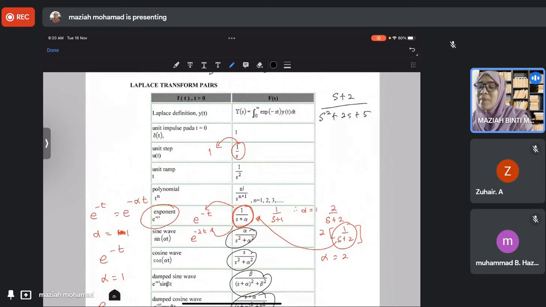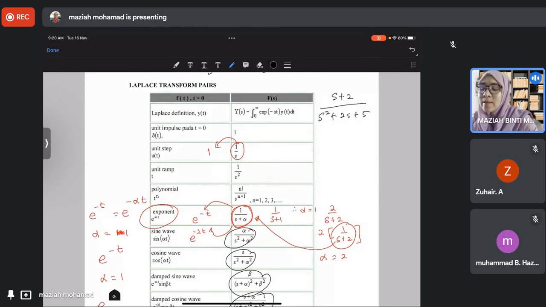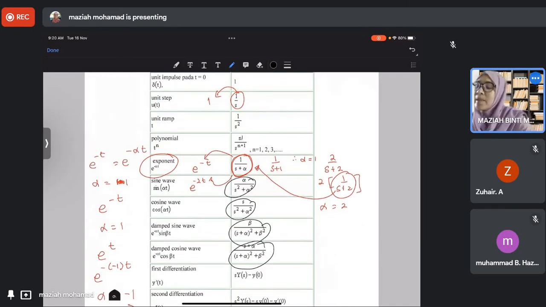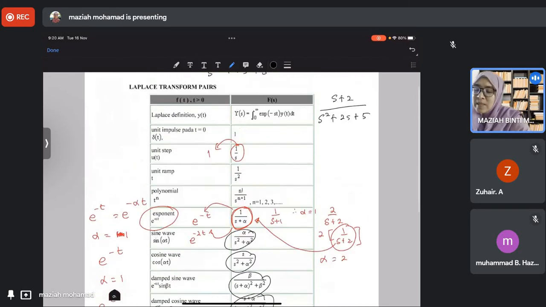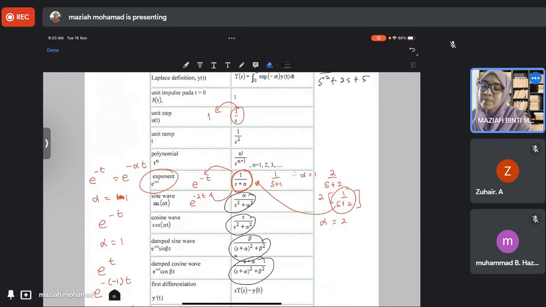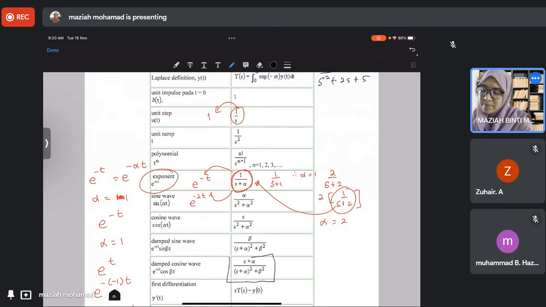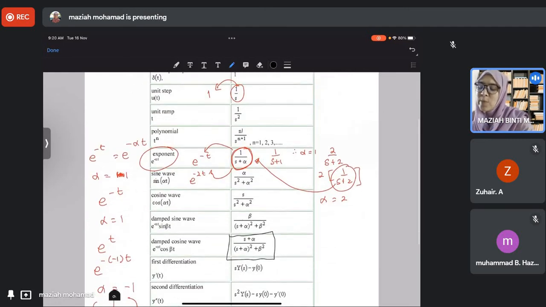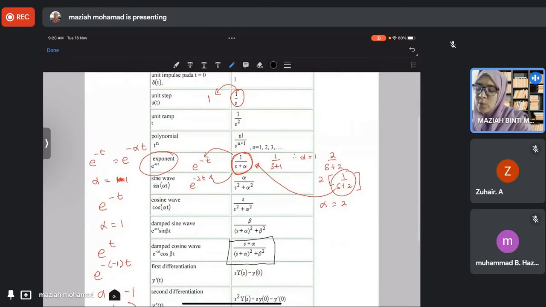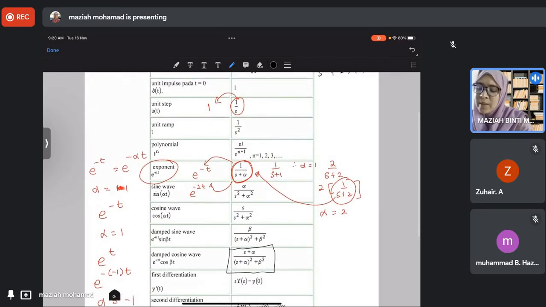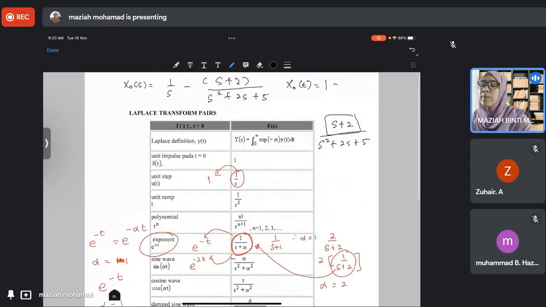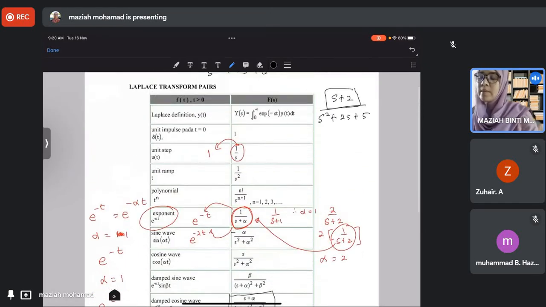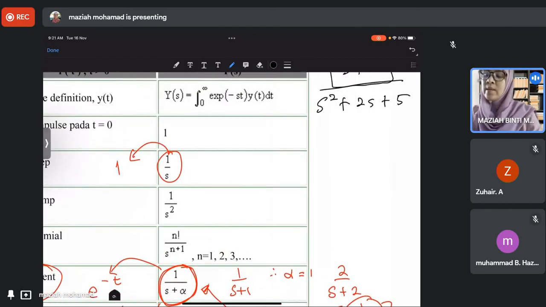But basically we need to manipulate the term so that it becomes a standard form. We have S plus alpha at the numerator, but we need to manipulate so it becomes S plus alpha squared plus beta squared.